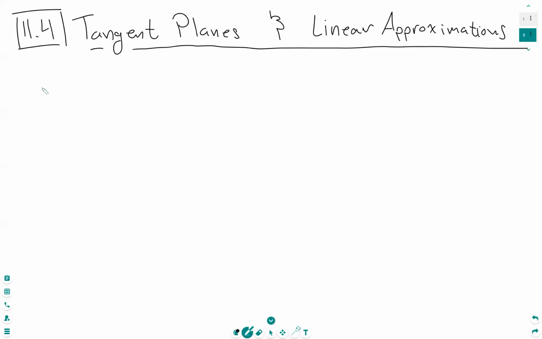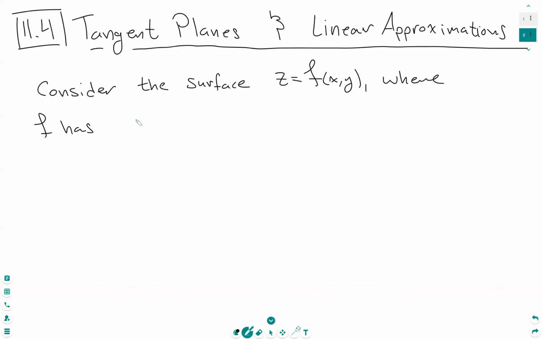So if we consider the surface z equals f of x and y, where f has continuous first order partial derivatives, that just means first derivatives.